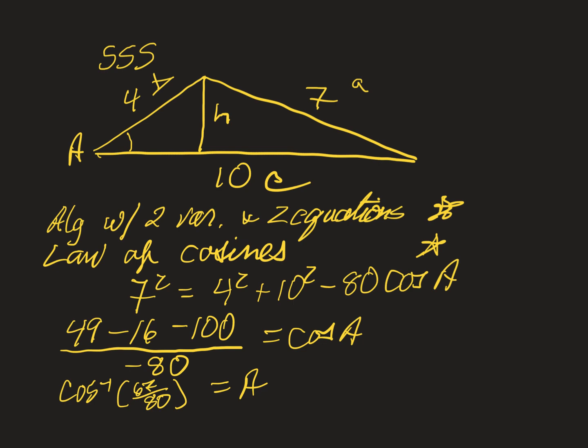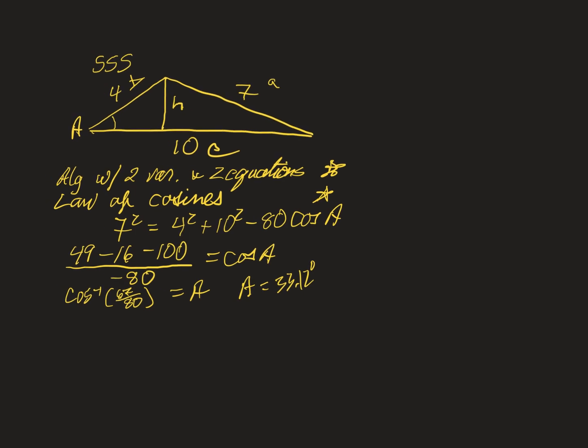So I'm going to do that. I'm going to take the inverse cosine of 67 divided by 80. I'm in degree mode, and so I get A equals 33.12 degrees. Now that I know that, I can find the height in the normal way.